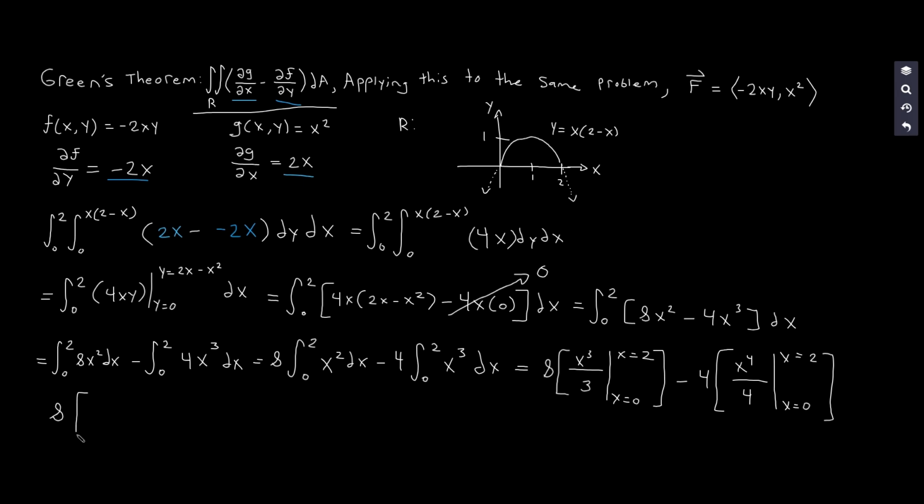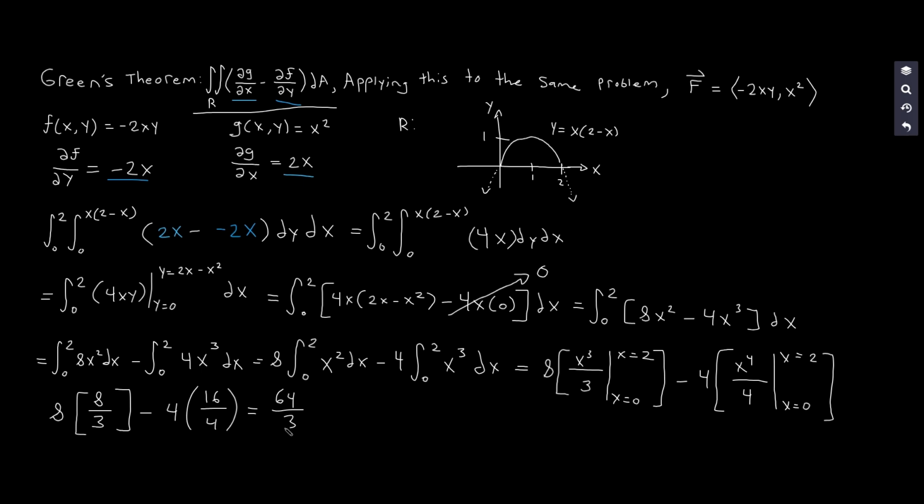See, 8 times 2 times 2 times 2, 8 over 3, minus 2 times 2 is going to be 16 over 4, minus 4 times 16 over 4, which can be simplified to another 8, equals 8 times 8 is 64, right?